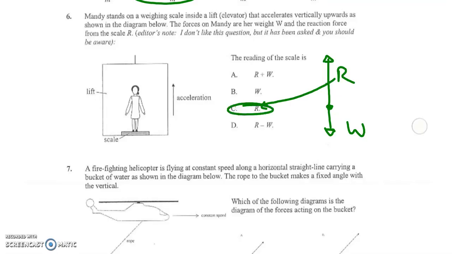So the answer is just R. Now I know R has got to be greater than W, but it's just asking for the reading on the scale, and that is just R.